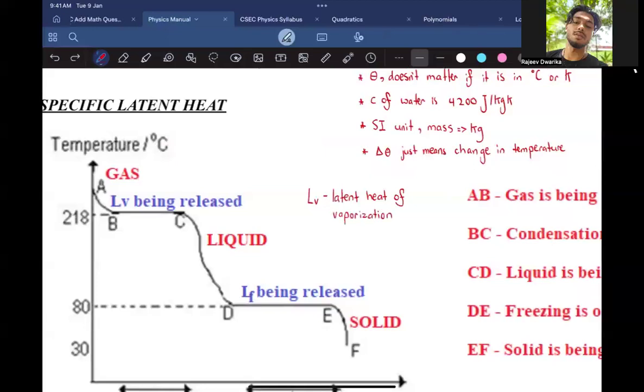So LV is latent heat of vaporization. LF is latent heat of fusion.